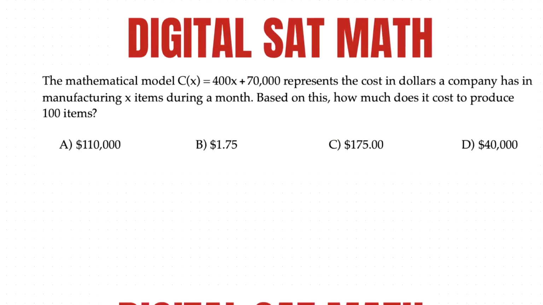The mathematical model f of x equals 400x plus 70,000 represents the cost in dollars a company has in manufacturing x items during a month. Based on this, how much does it cost to produce 100 items?